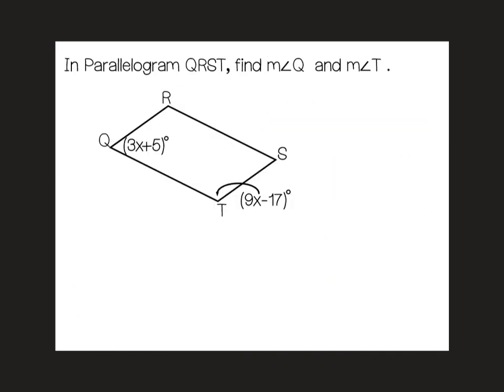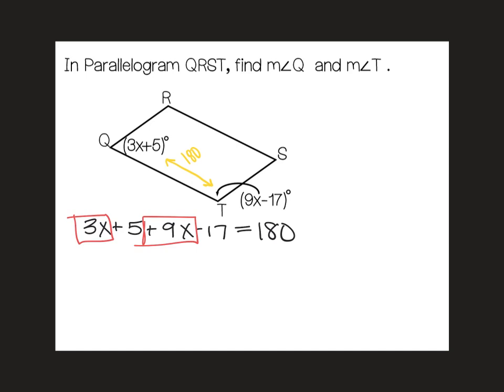So this time, they're not opposite angles, but they're consecutive. So when I labeled the diagram for you, we said that these two should add up to be 180. So this time I take 3x plus 5 plus 9x minus 17, and I set it equal to 180. I can combine like terms, so 3x plus 9x is 12x.